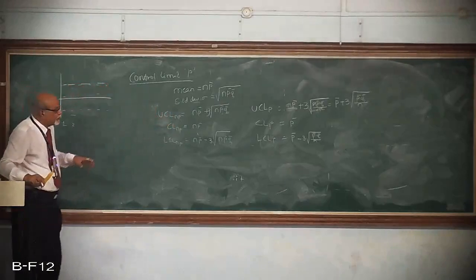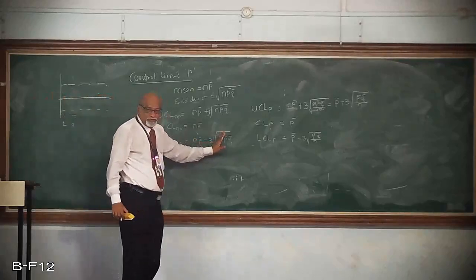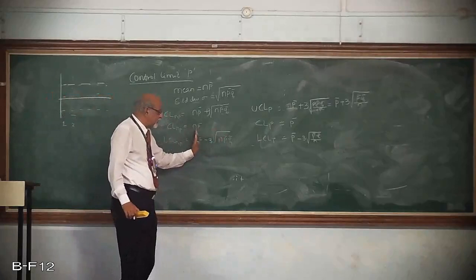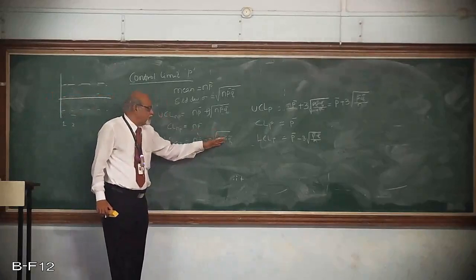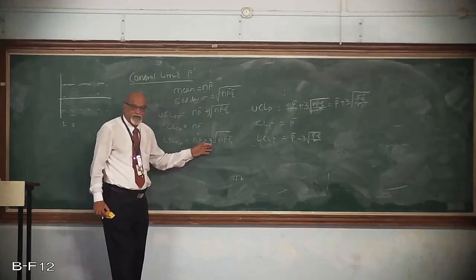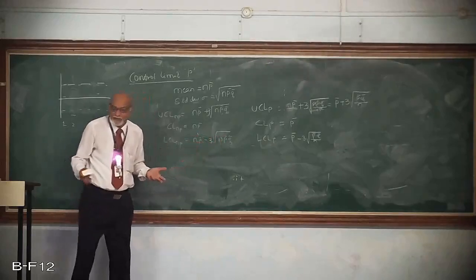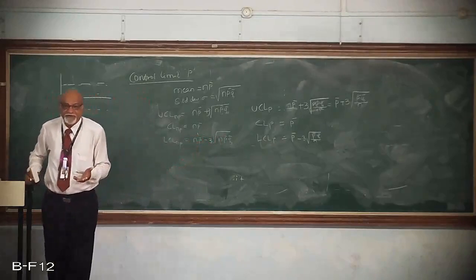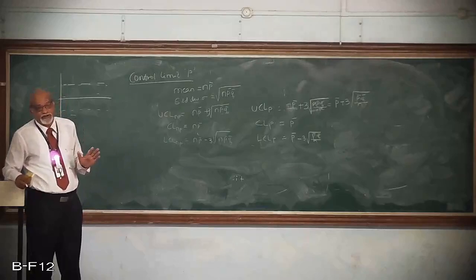One more thing you can observe: if NP bar is less than 3 root NP bar Q bar, then we are going to get a negative value here. What is a negative defective? It doesn't mean anything. In that case, we consider it to be 0.